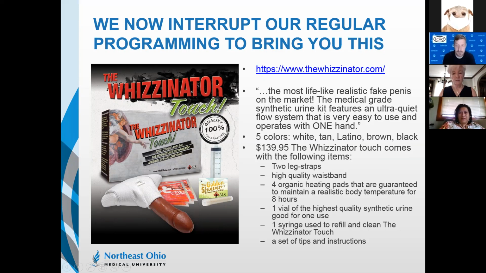But anyway, if you're really desperate and you want the Wizinator for $139.95, you will get this very nice, culturally specific, comes in 5 colors, realistic fake penis with medical grade synthetic urine and an ultra quiet flow system that you can operate with one hand. So certainly somebody's making lots of money for people trying to come up with ways to fake their urine tests.